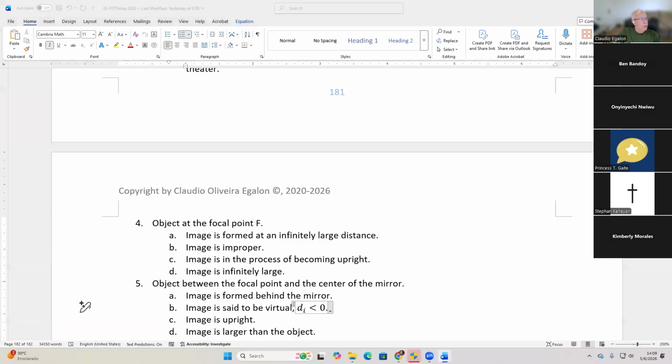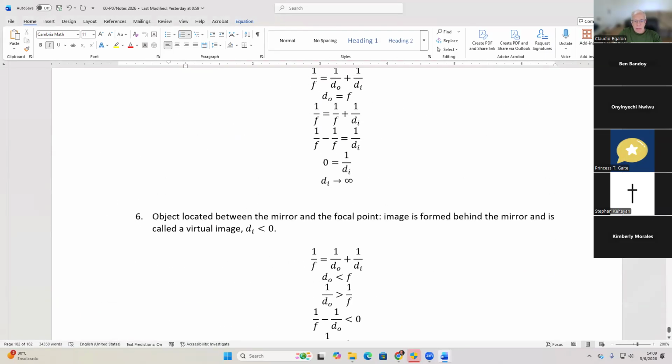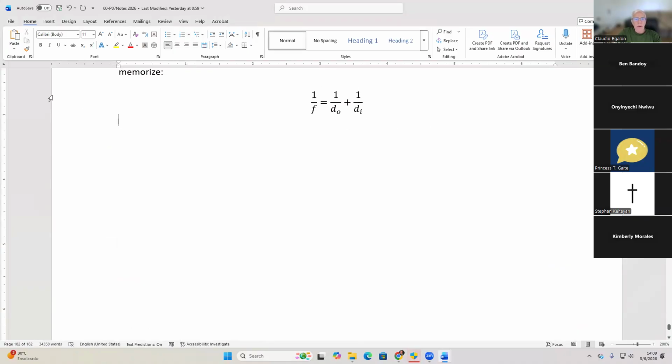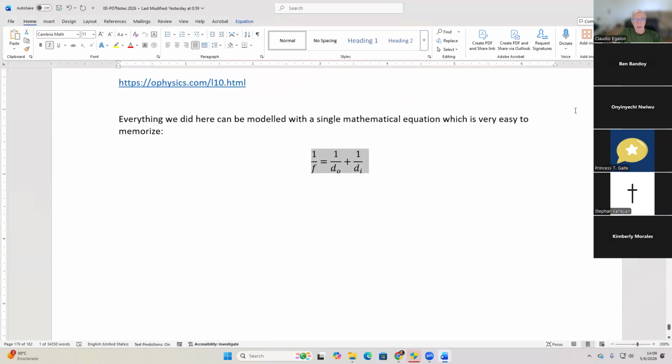What else? Which other equations do we have that you have to worry about? I'm also going to emphasize this equation here can be easily derived using geometrical arguments.